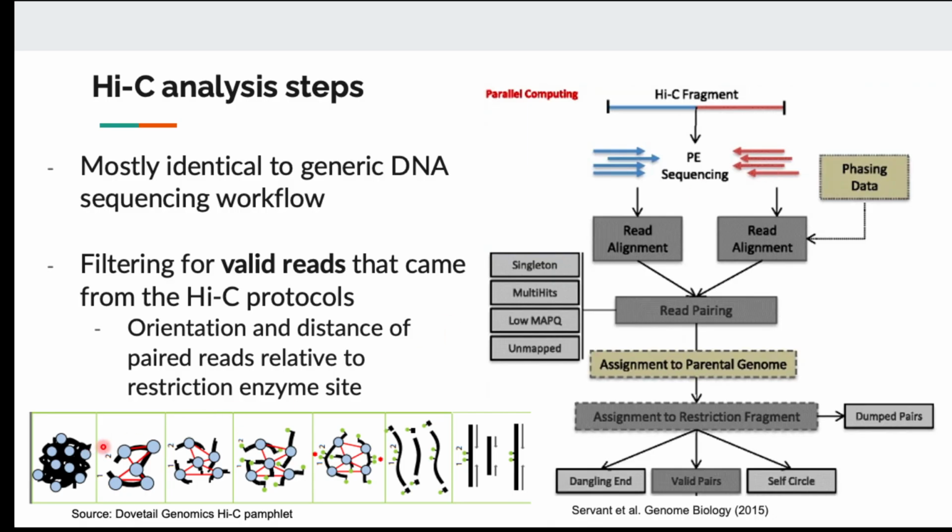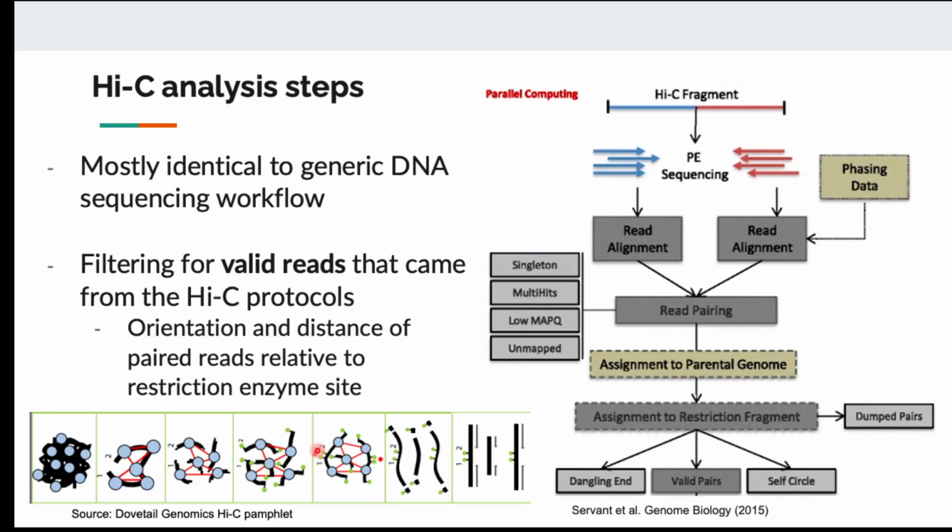The only thing that's done differently is because of the wet lab protocol for chromatin conformation capture, where we induce cross-links, then cut with a restriction enzyme, enrich with biotin, generate the hybrid fragment, and then do the paired sequencing. During this process, many unwanted products are generated.